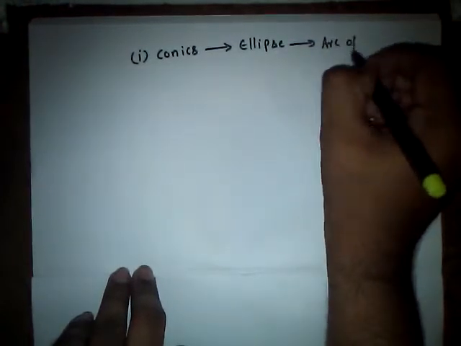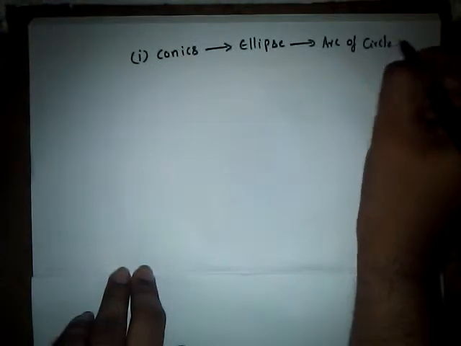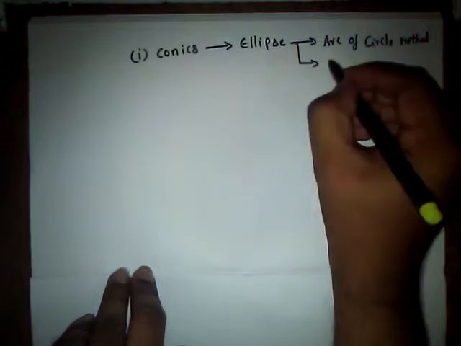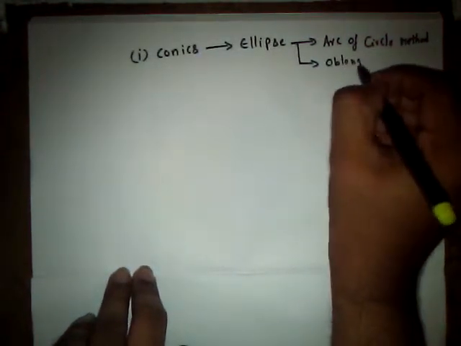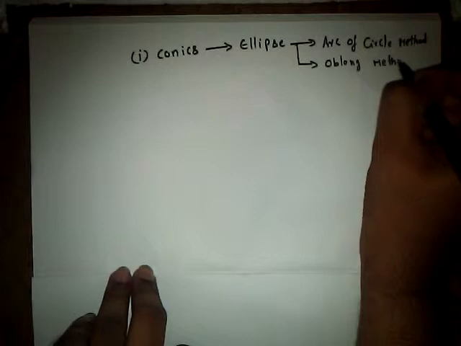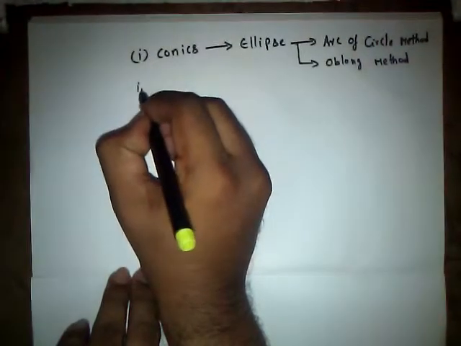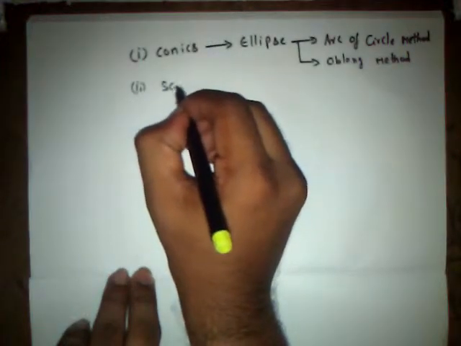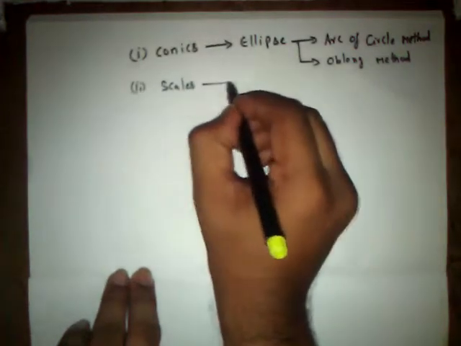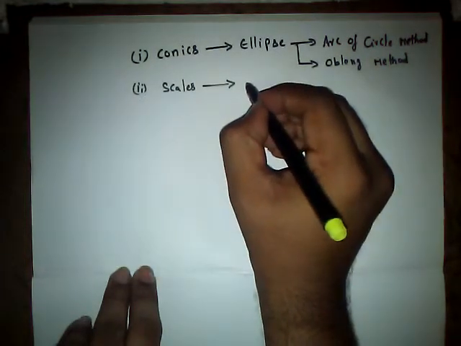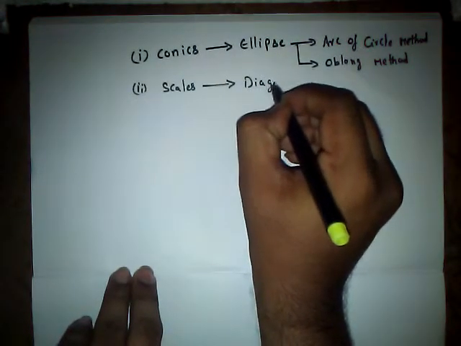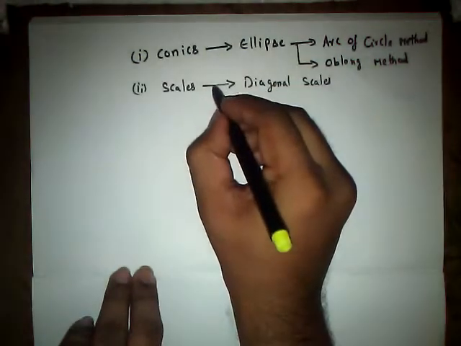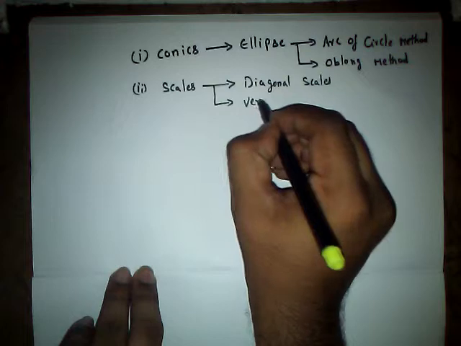One is arc of circle method, and the next one is oblong method. Coming to topic number 2, it's scales. We are going to learn only about two important things. Number 1 is the diagonal scale, and the second one is vernier scale.